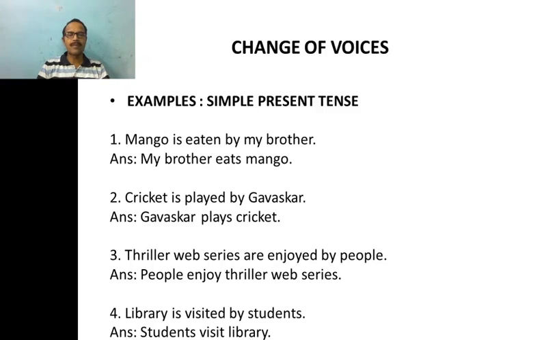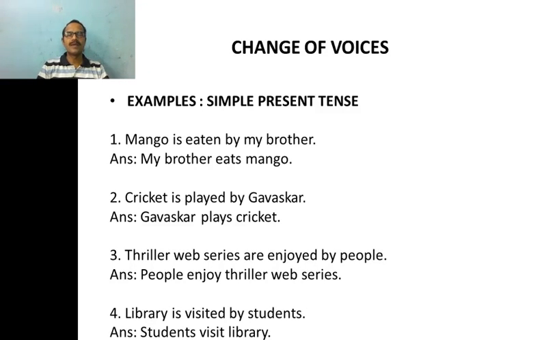Because our subject people is a third person plural subject. In the above two sentences, our subjects, my brother and Gavaskar, are third person singular subjects. So we have added es to the verbs eat, eats, play, plays. But here enjoy remains enjoy only because our subject is not third person singular. It is plural.